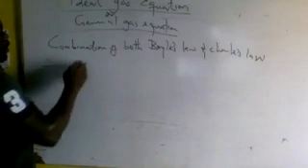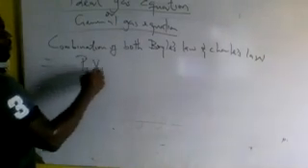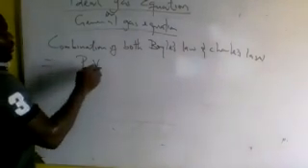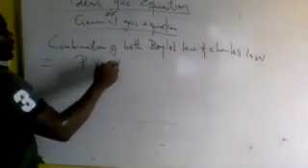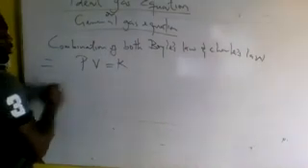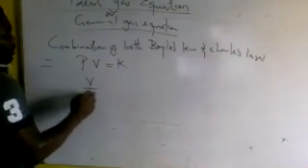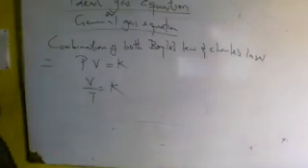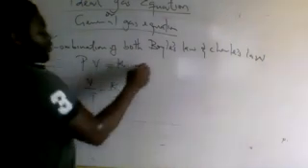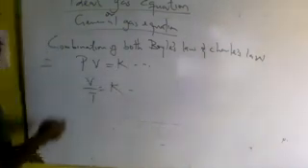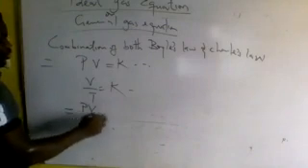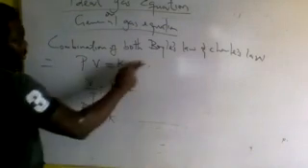We know that Boyle's law is PV equals a constant, and Charles' law tells us that V over T equals a constant. Upon combining both equations, you get PV over T equals K.